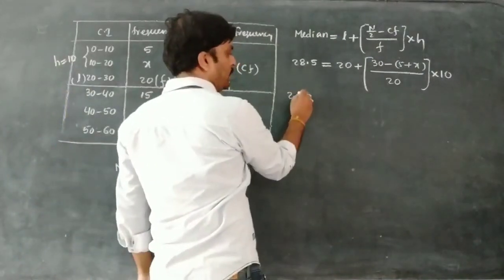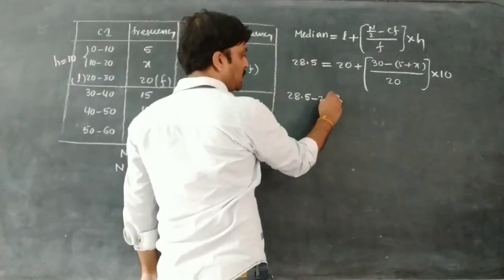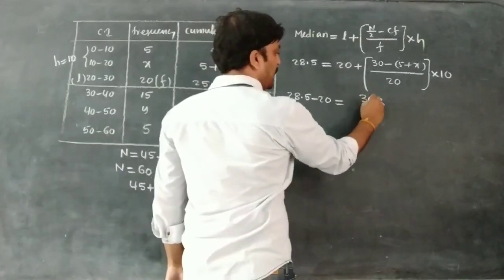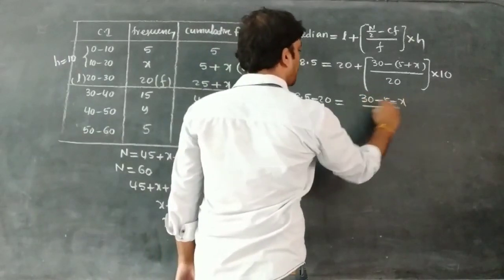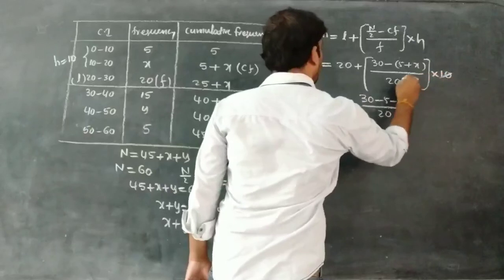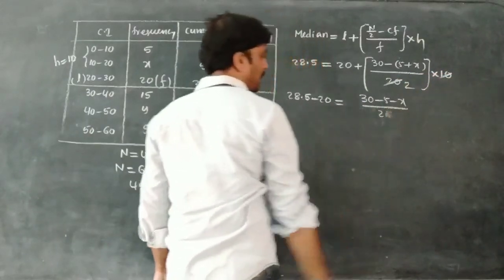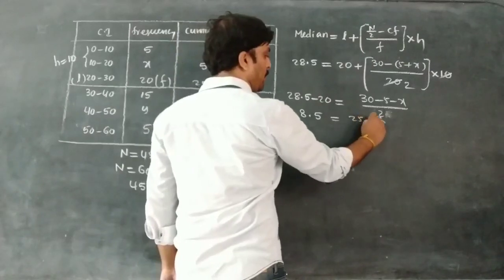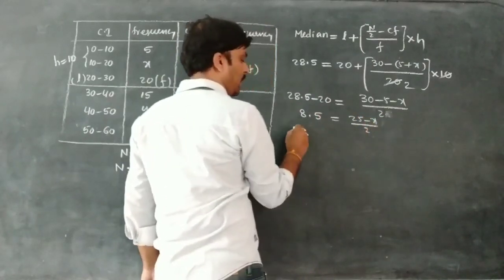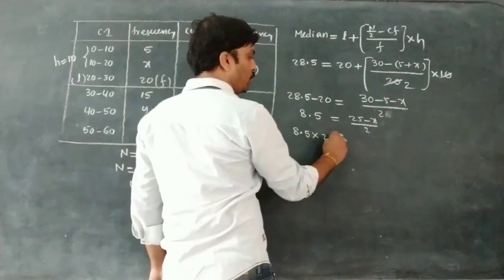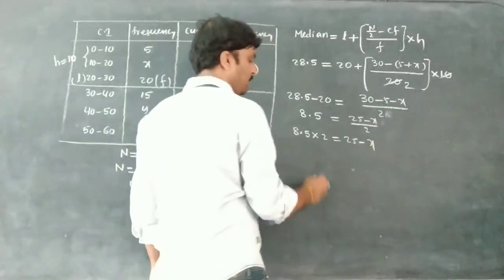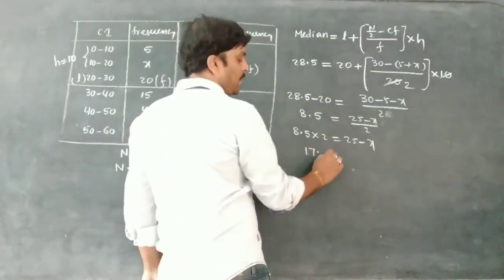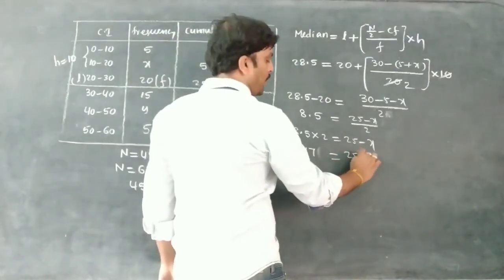Now 20 is on the left side. 28.5 minus 20. It is (30 minus 5 minus x) by 20. Here 10 ones are 10, 10 twos are 20. So by 2 we will get 8.5 equals (25 minus x) by 2. 2 sent here. 8.5 into 2 is 25 minus x. Both multiply, 17.0. 25 minus x.